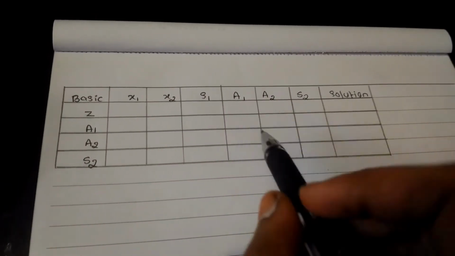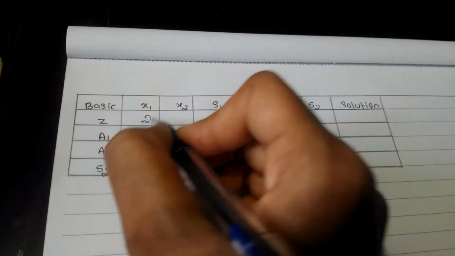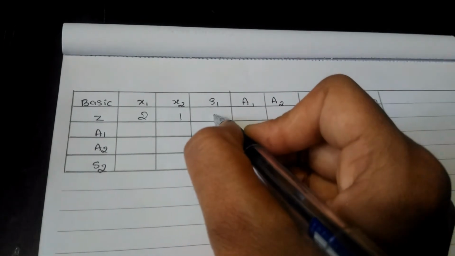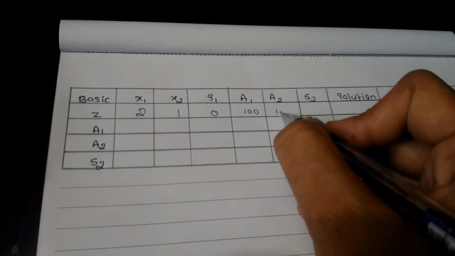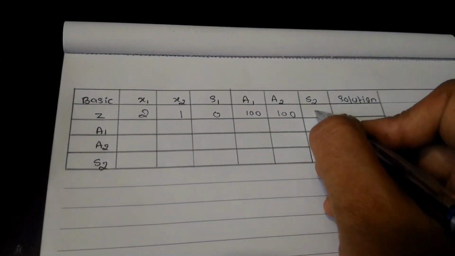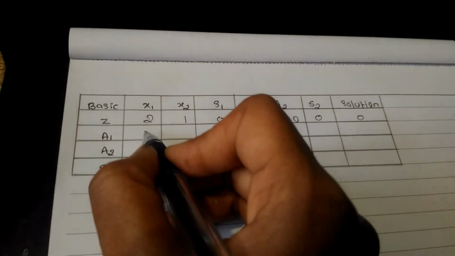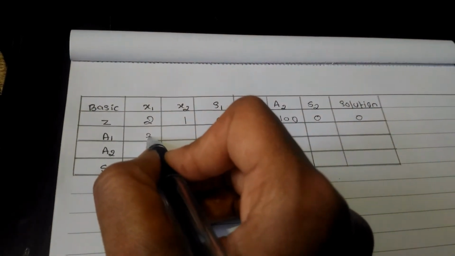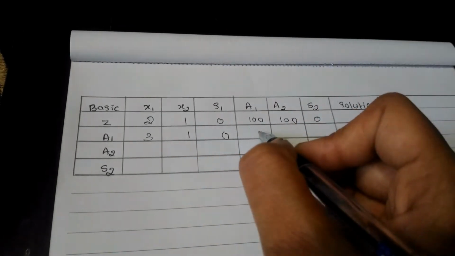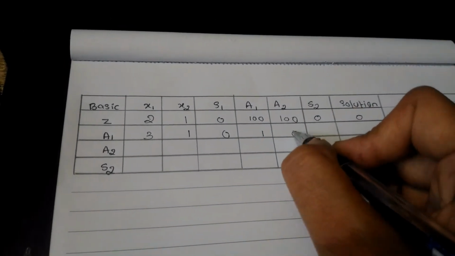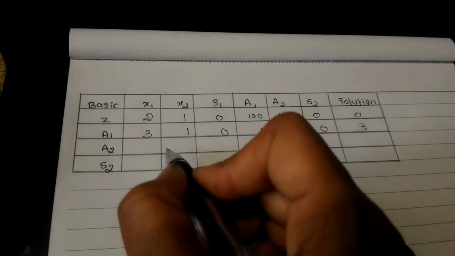Let us now start plotting the values. The values for the z row will be 2, 1, 0, 100, 100, 0 and 0. Values for artificial variable row a1 would be 3, 1, 0, 1, 0, 0 and 3.